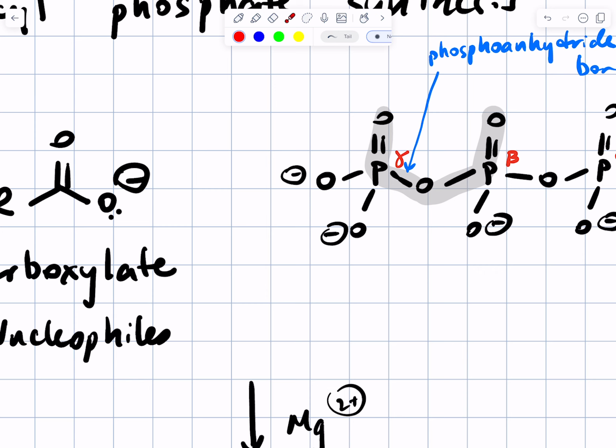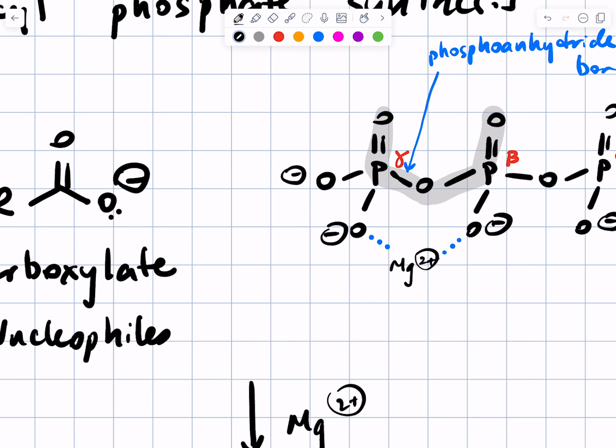The other thing that you need to know is that the role of magnesium here is probably to facilitate that attack. You may be skeptical thinking, well, hey, that carboxylate's negatively charged, and those phosphates are also negatively charged. So what about charge repulsion? And the answer is the magnesium helps with that a lot. The enzyme active site helps with that.